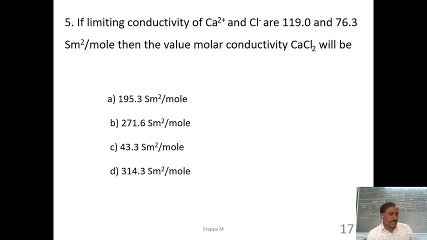For this, calcium chloride is dissociated into Ca2 plus and 2Cl minus. Calculating this, the correct answer is B, 271.6 Siemens meter square per mole.